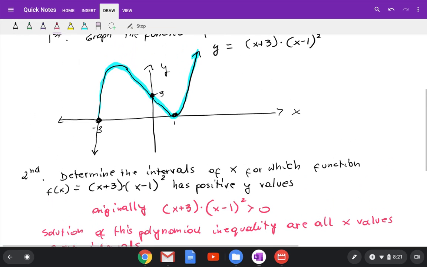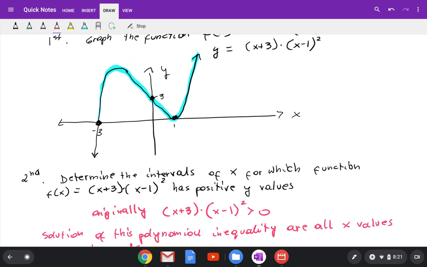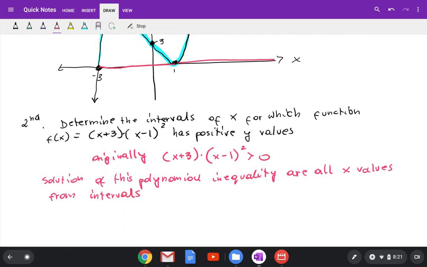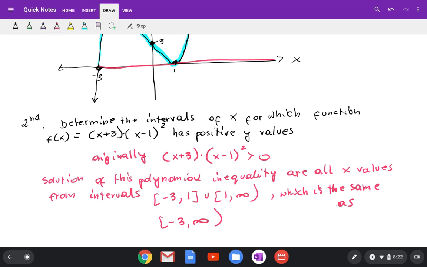And let's go back to the graph. You see the function is positive for x values from -3 to 1, and then from 1 to positive infinity. That's -3 to 1, union 1 to positive infinity, which is the same as -3 to positive infinity.